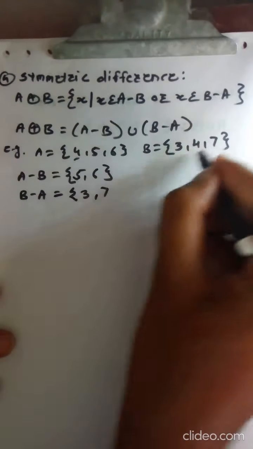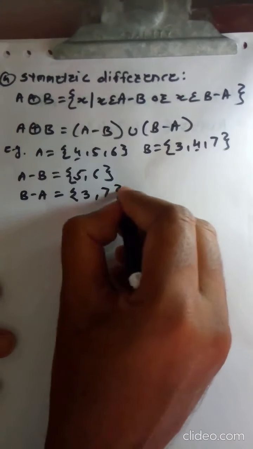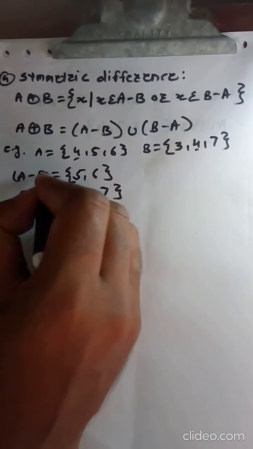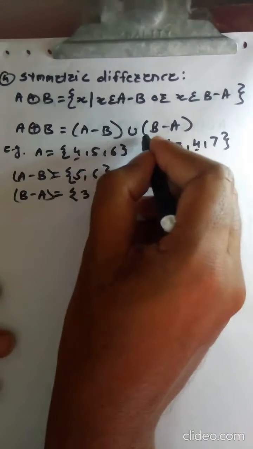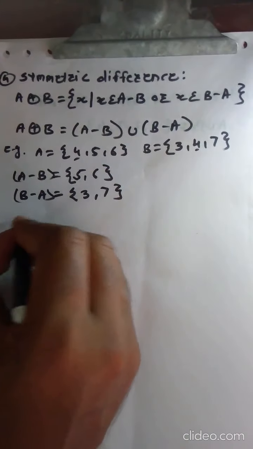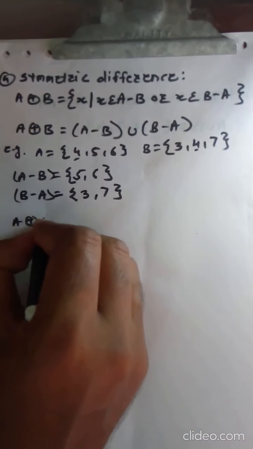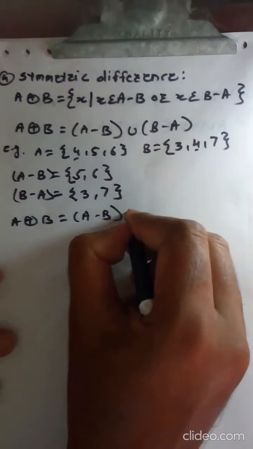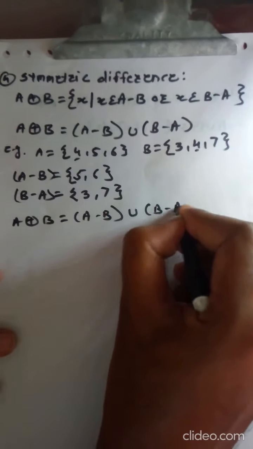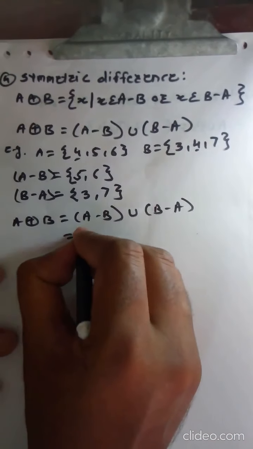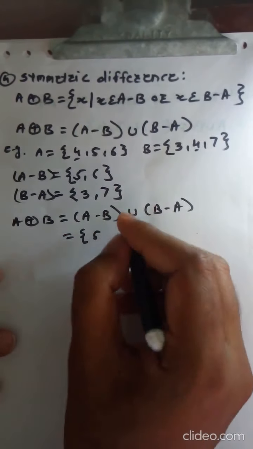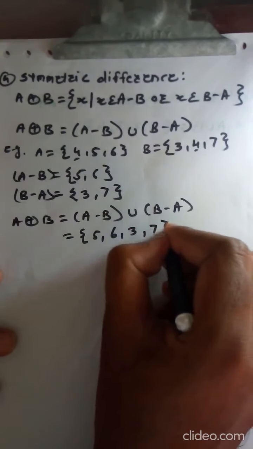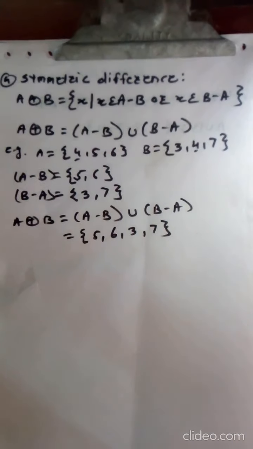The common element 4 is subtracted. So we take the union of A minus B and B minus A. So A symmetric difference B is equal to A minus B union B minus A, that is equal to {5, 6, 3, 7}. So this is the answer.